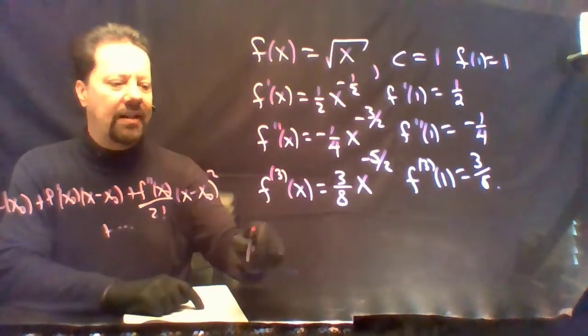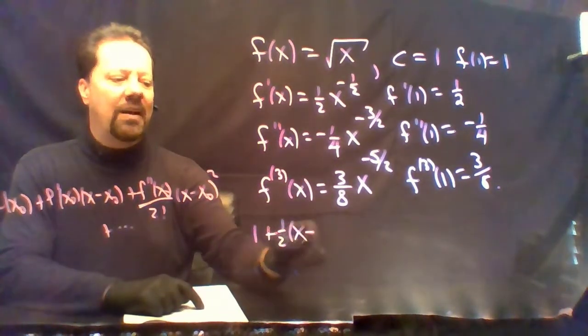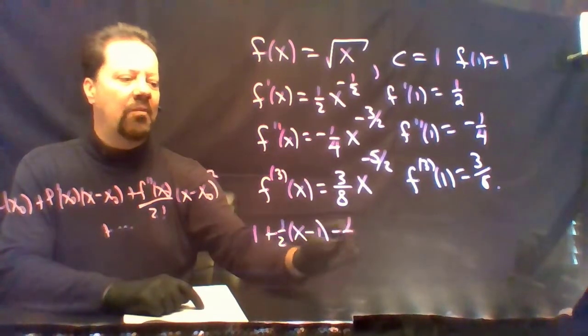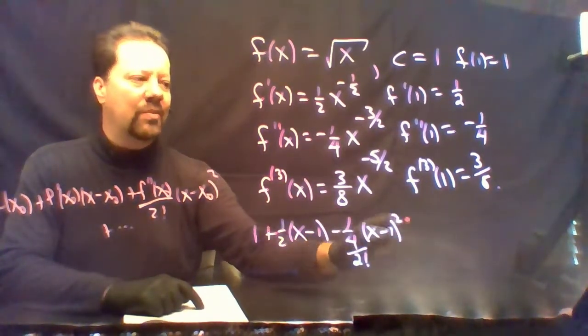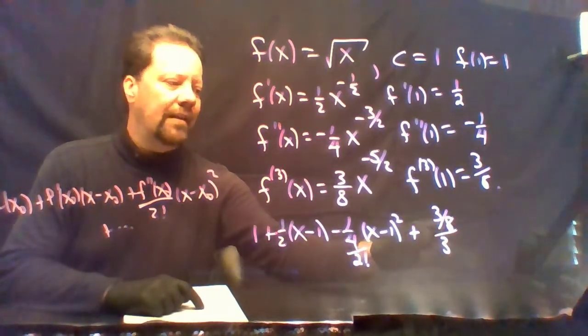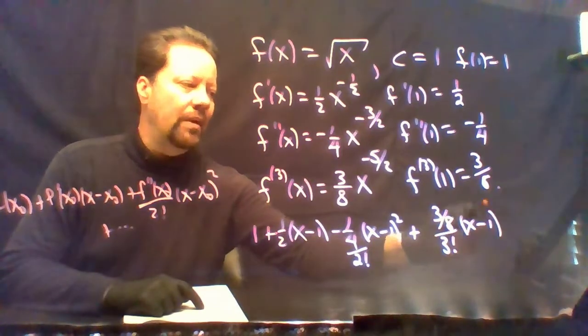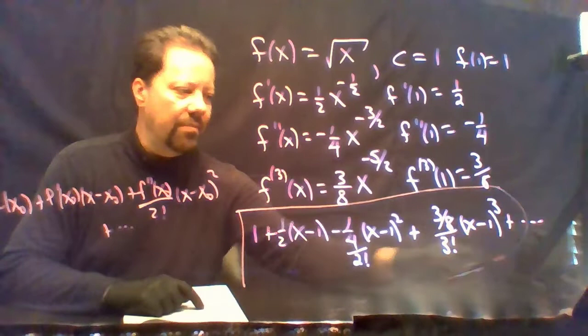So in this case, we'll have 1 plus 1/2 (x minus 1) minus 1/4 over 2 factorial (x minus 1) squared plus 3/8 over 3 factorial (x minus 1) cubed. And those are the first 4 terms.